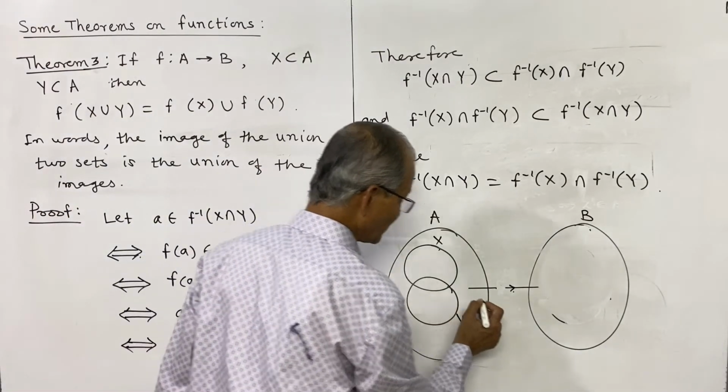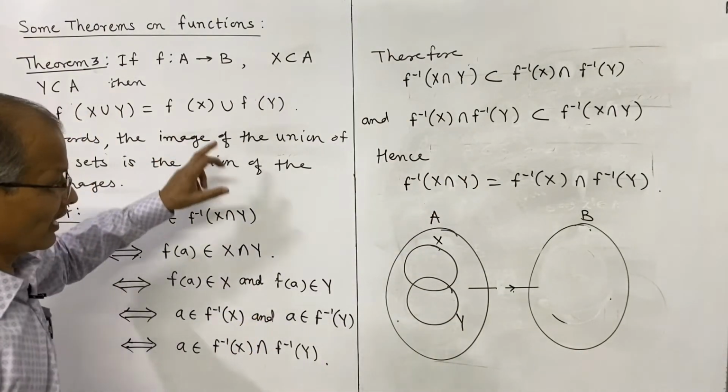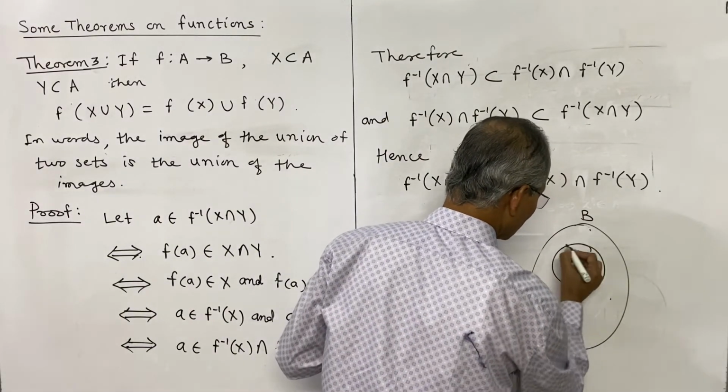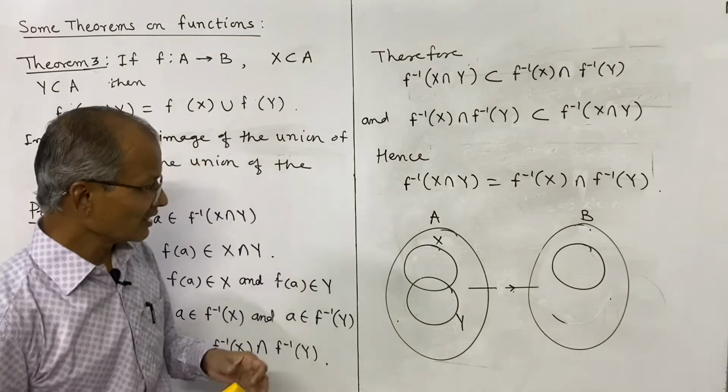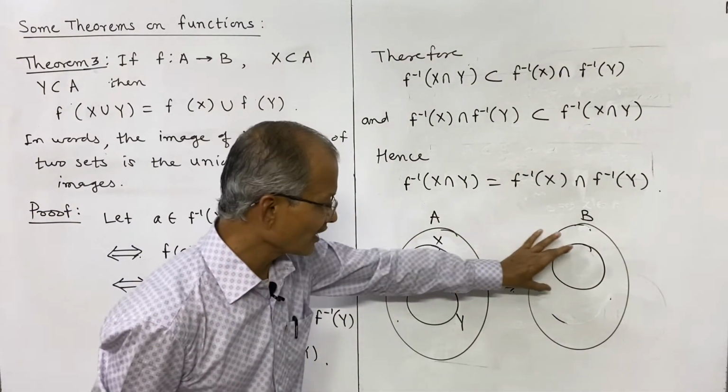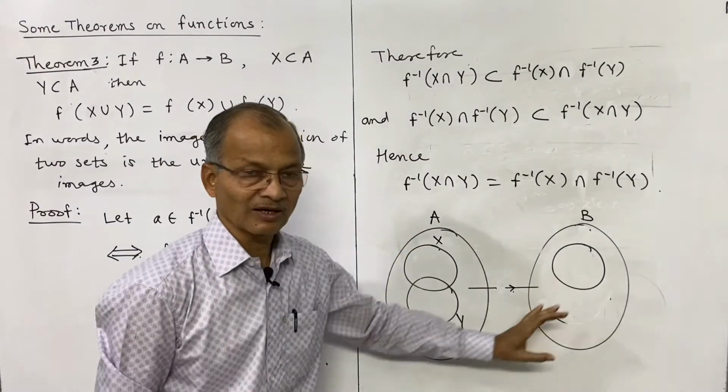And that is mapped to f of x, means f image of this will be somewhere here. So for understanding we are considering the figure. It is not necessary that this must be here, so it may be mapped to somewhere here also.